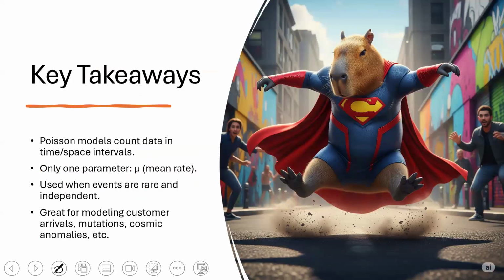All right, to wrap up. Use Poisson when modeling counts of events in a fixed interval of time or space. It's ideal for rare independent events like emergency calls, radioactive emissions, or alien sightings. The distribution has one parameter, mu, which controls both the mean and the variance.